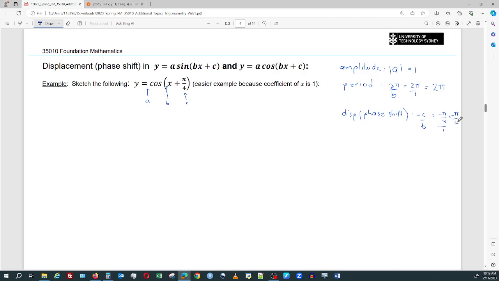So we've got minus pi on 4, so we're going to be going backwards.